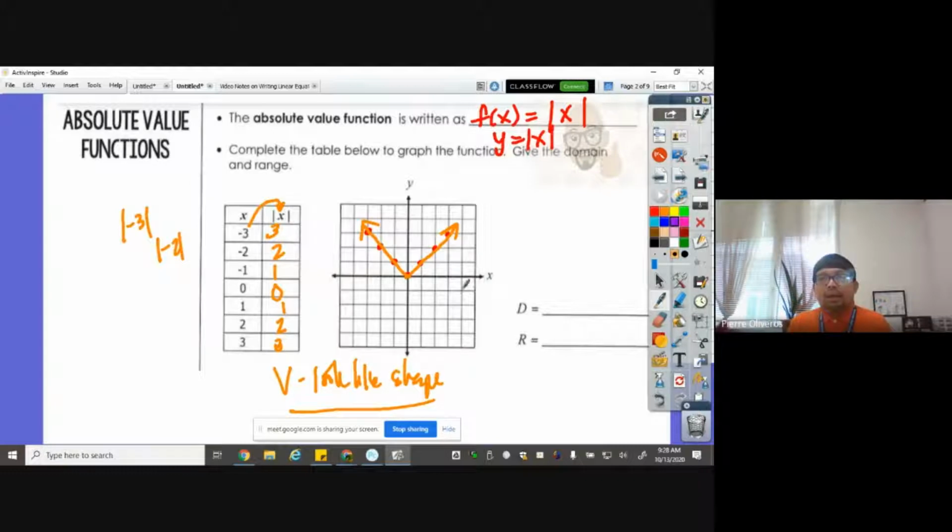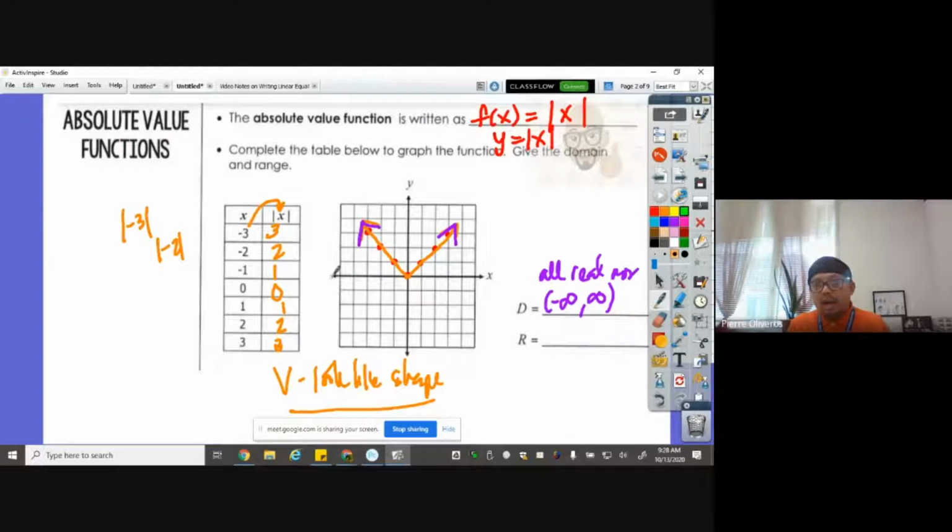When we go with the domain and range, look at the graph here. There's an arrowhead going to the left and right. That means the domain is all real numbers, or from -infinity to +infinity. The range talks about the y.